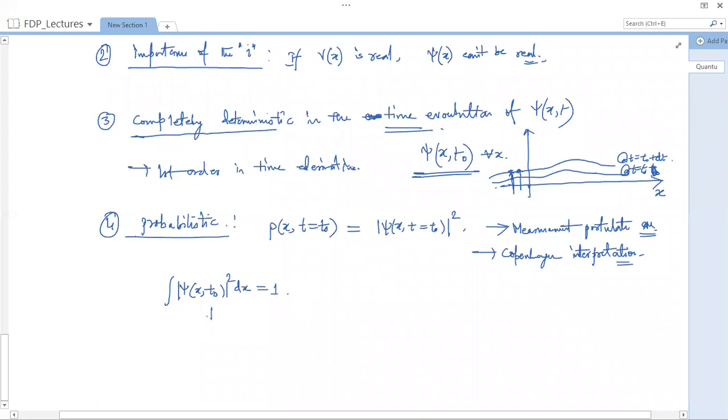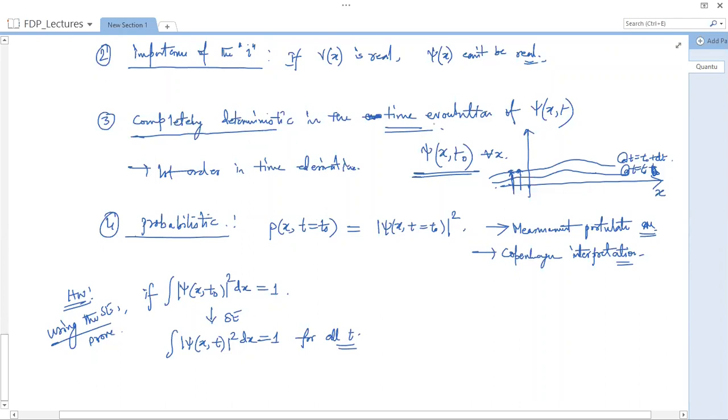Now, the Schrodinger equation will itself tell, and it's a homework problem: using only the Schrodinger equation, prove that if psi x t naught is a solution, then the integral of mod psi of x t squared dx is one for all t.